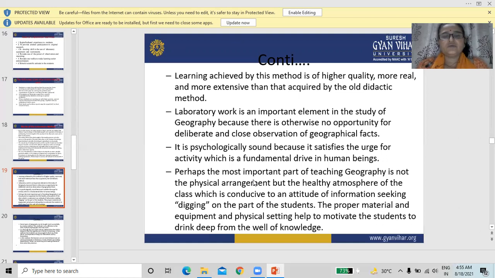It is psychologically sound because it satisfies the urge for activity which is fundamental, driven in human beings.